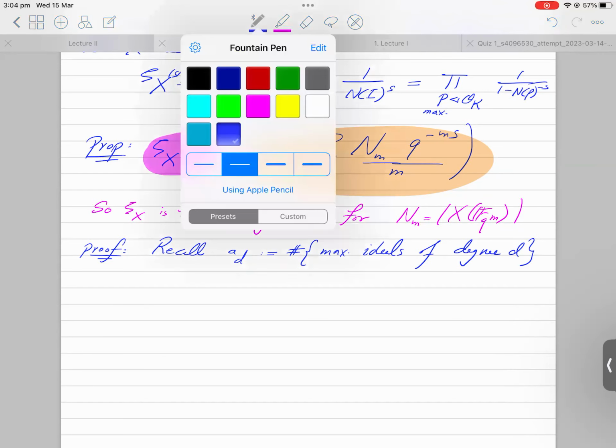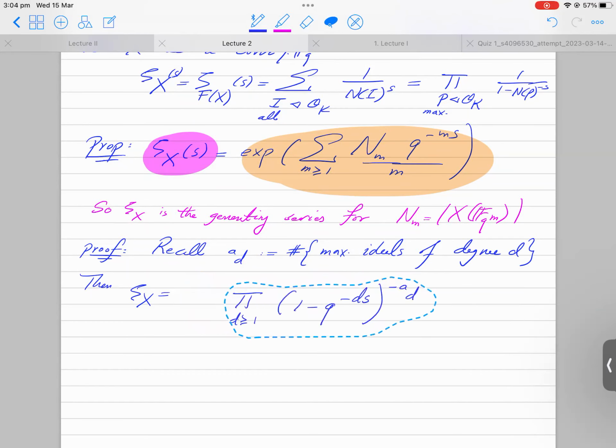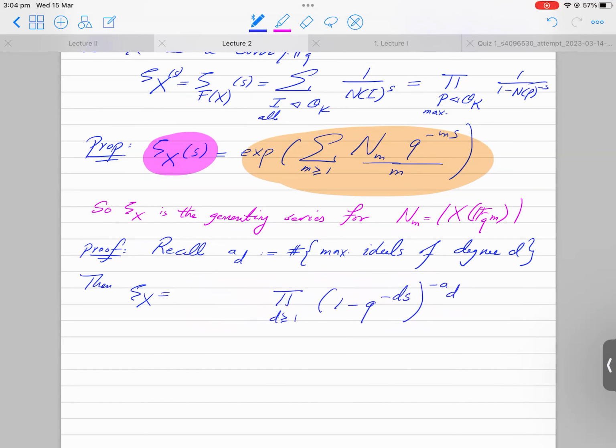So now the zeta function I can write like this. The zeta function is the product over D bigger than or equal to 1 of (1 minus q to the minus ds) to the power minus AD. I skipped a step. First, write the Euler product of zeta.